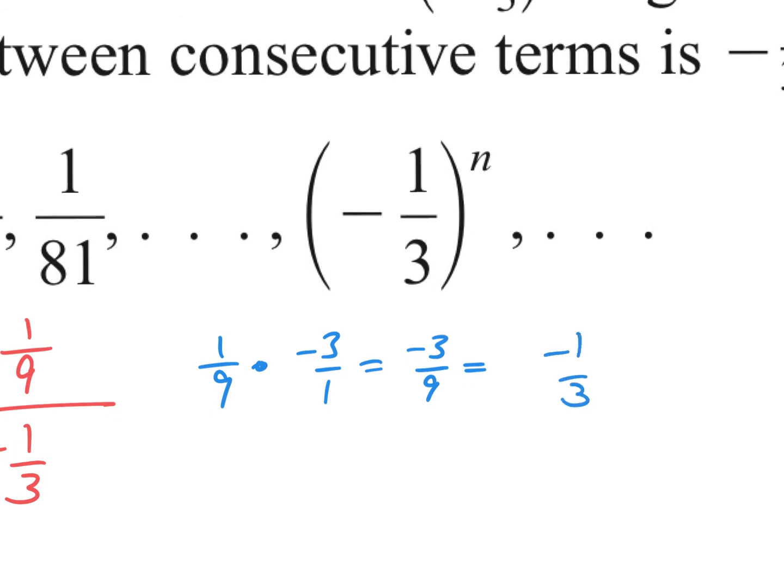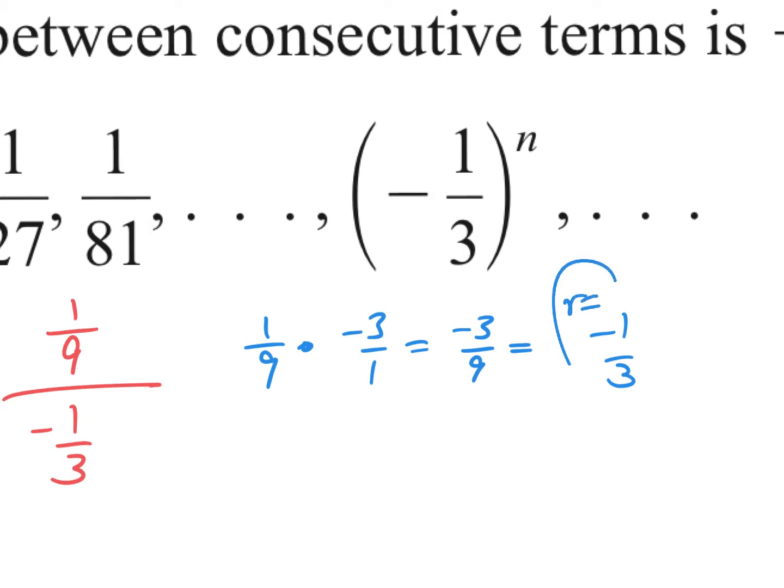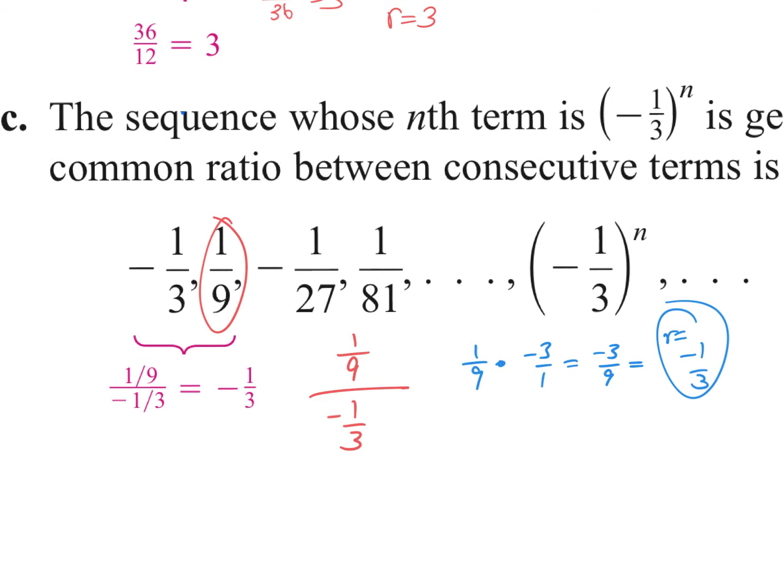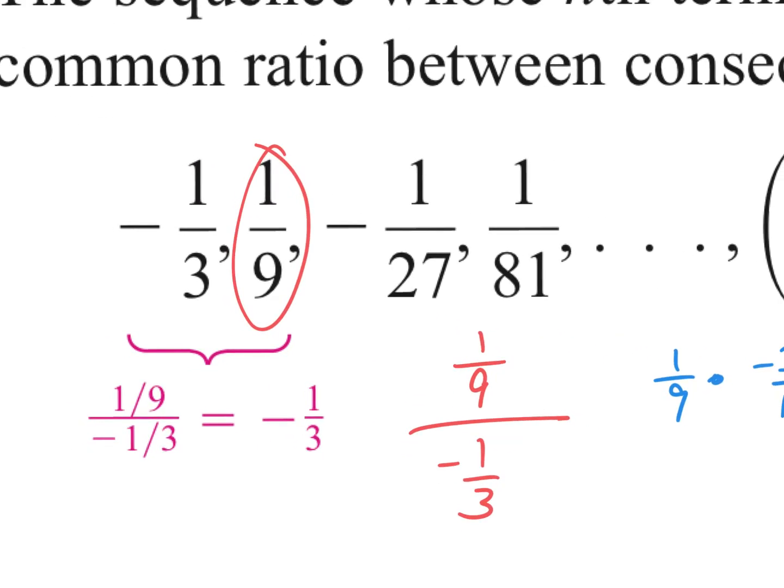What I want y'all to notice from this, which is important, what happens when your common ratio is negative? Look at your sequence. Look at your signs. Negative, then what? Then negative, then negative. They're going to alternate. Whenever your common ratio is negative, because think about it, if you multiply a positive number times a negative, you get negative.